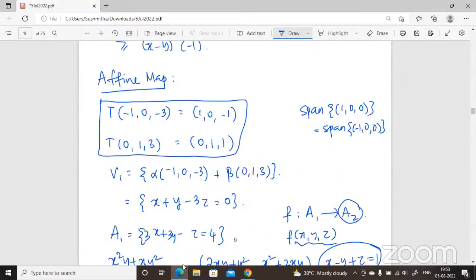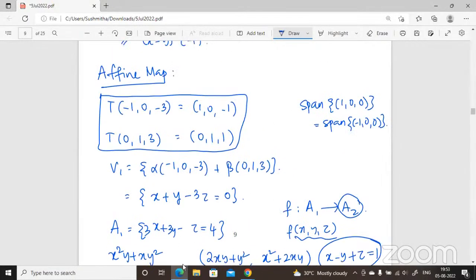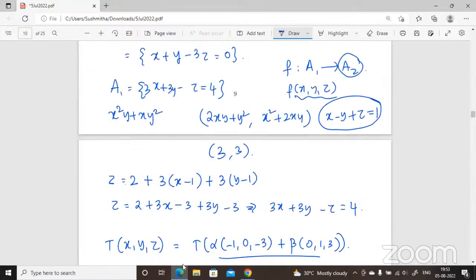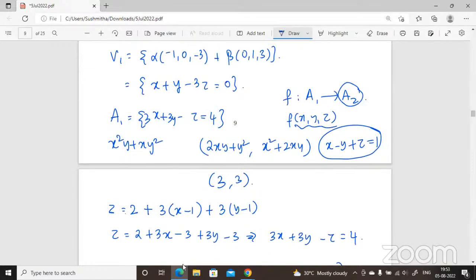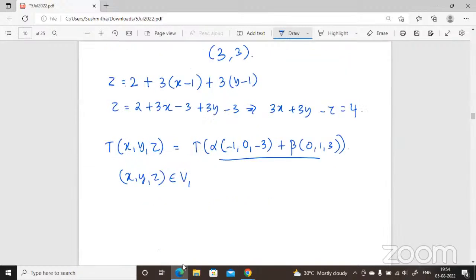Alpha times minus 1, 0, minus 3 plus beta times 0, 1, 3. Okay, so first I need to express points in the vector space V1 in terms of these two vectors. So how is the vector in V1 going to look like? x comma y comma 3x plus 3y.